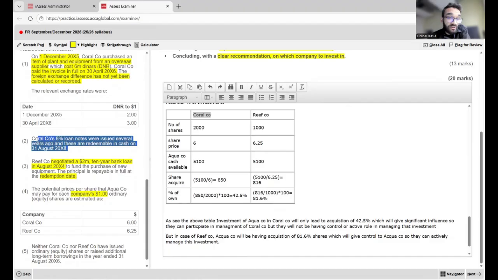If they issue additional shares in X8, it might dilute your existing control. Right now you will be acquiring 42.5%. After 2 years they will need more cash, and in order to raise that cash they might issue new shares. That will impact your significance and dilute your control, right?